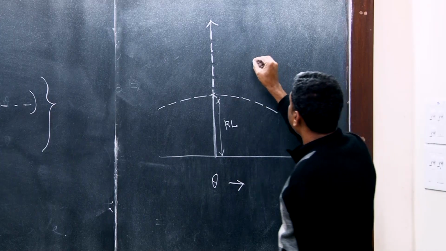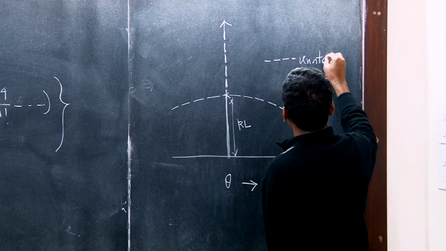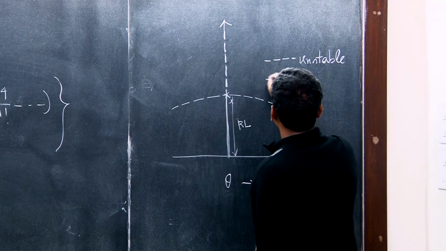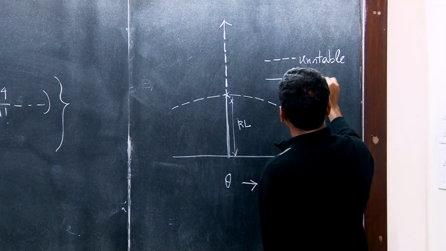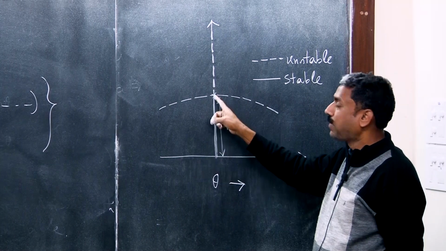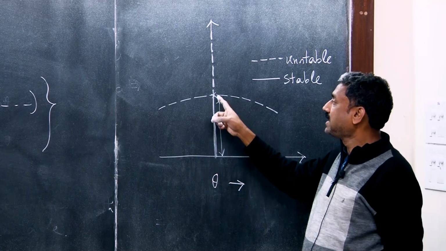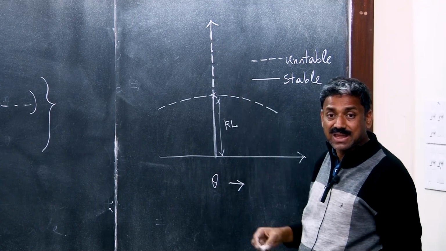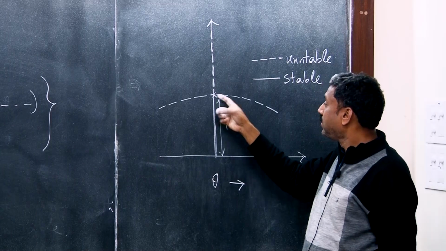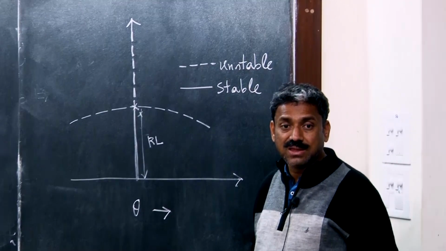All this dotted line is unstable, right, and this is stable. So, a stable fundamental path, that is theta equal to 0, bifurcates into an unstable fundamental path and an unstable post critical path, okay, right, fine.